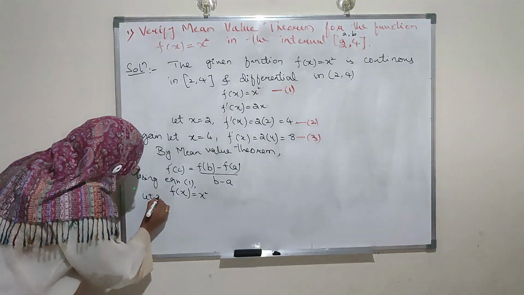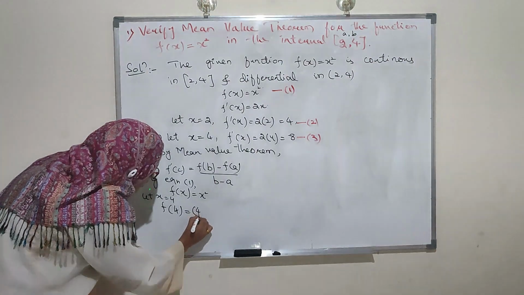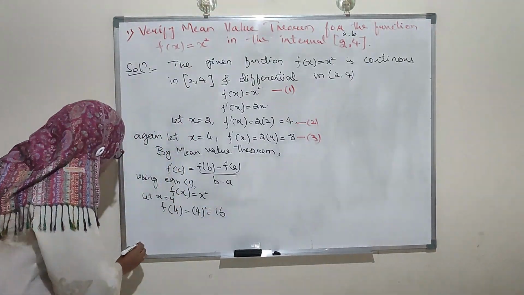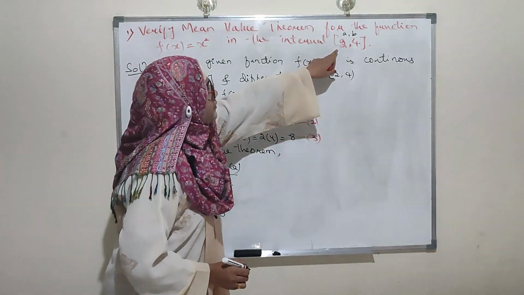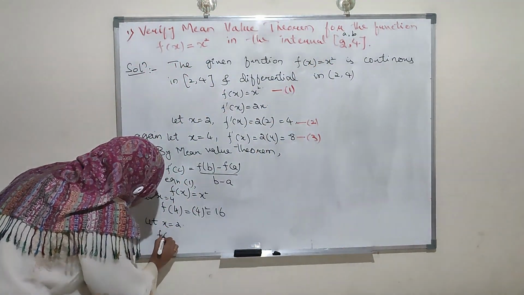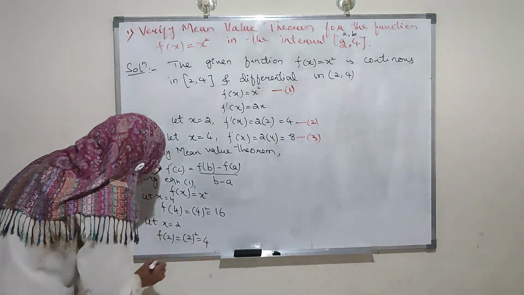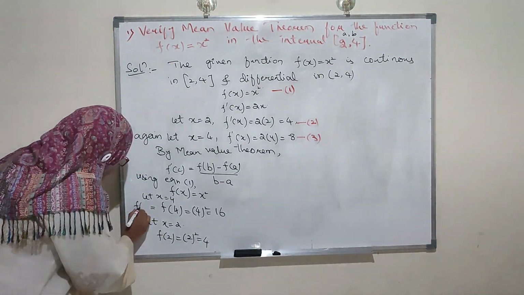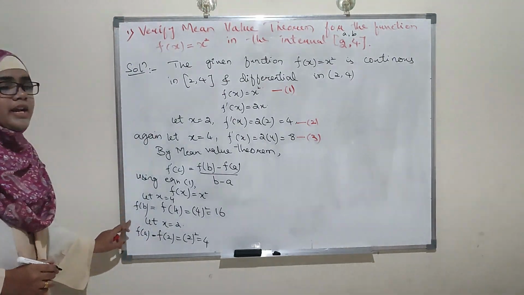Let x equal to 4. f of 4 equals 4 square, 4 fours are 16. Now let x be a, which is 2. f of 2 is 2 square, which is 4. So this one is f of b, and this one is f of a.